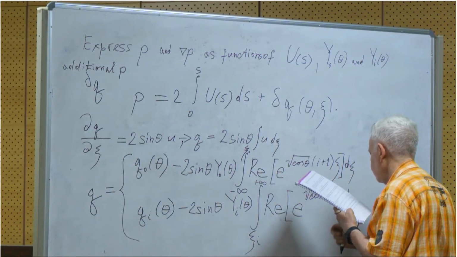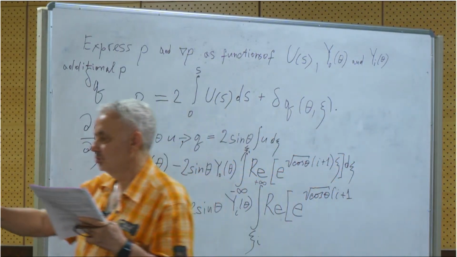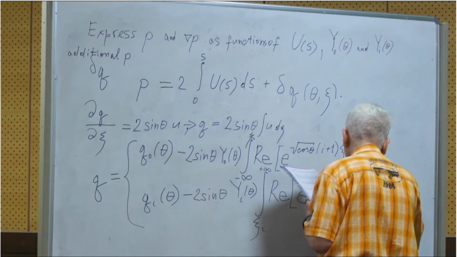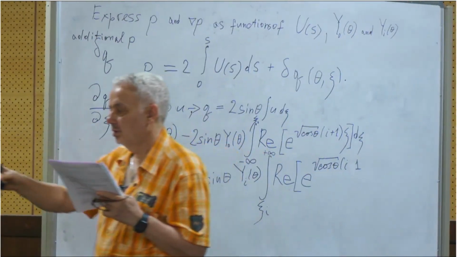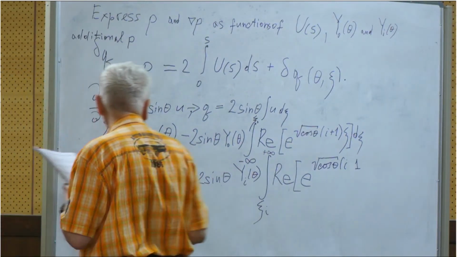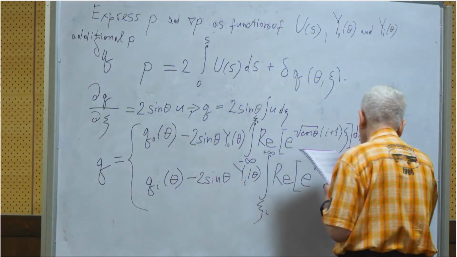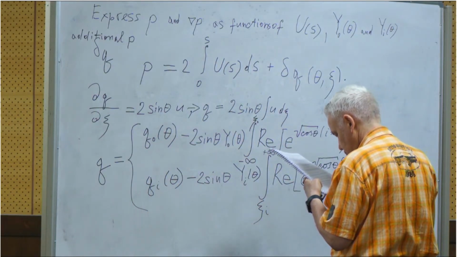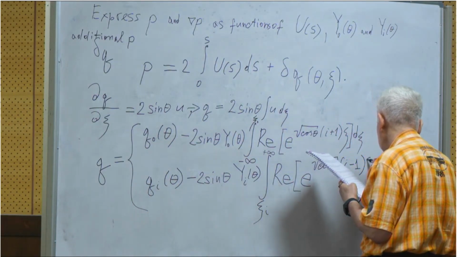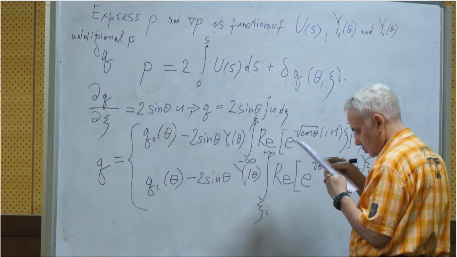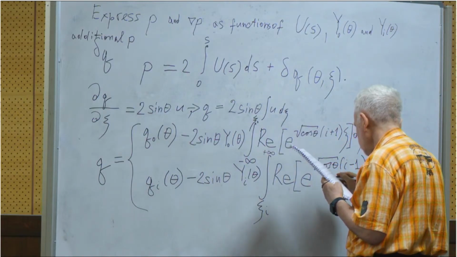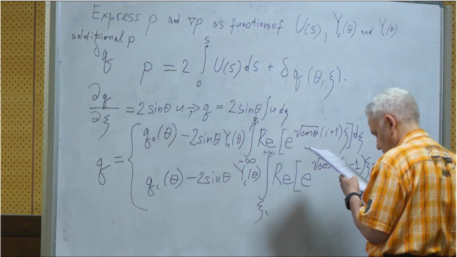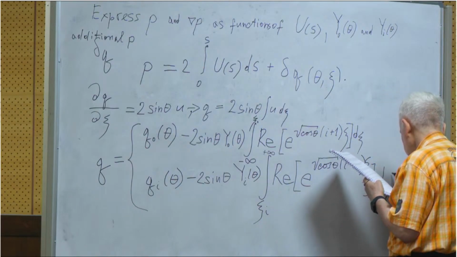Oh, sorry, we have plus 1 on the top, but on the bottom it's minus, just to satisfy all the conditions. And this is another xi, and we take dxi.